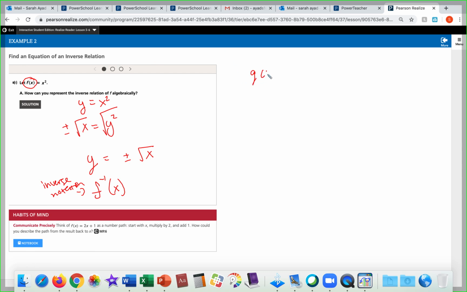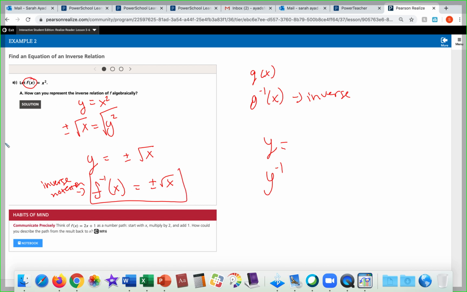So if I had g of x as my function, g to the negative 1 of x would represent the inverse. It's just saying this is the inverse of g of x. If I had y equals, y to negative 1 would represent the inverse, and so on. So f to the negative 1 of x equals plus or minus the square root of x. This is the inverse of the function f of x.